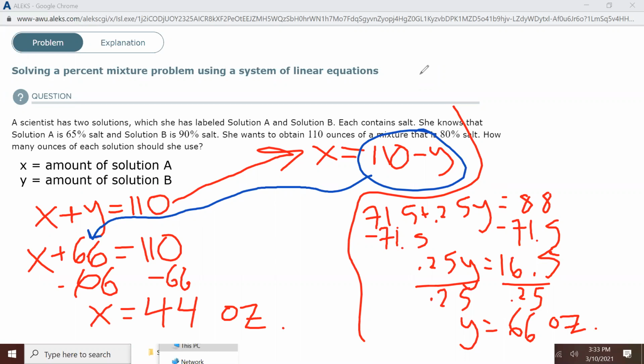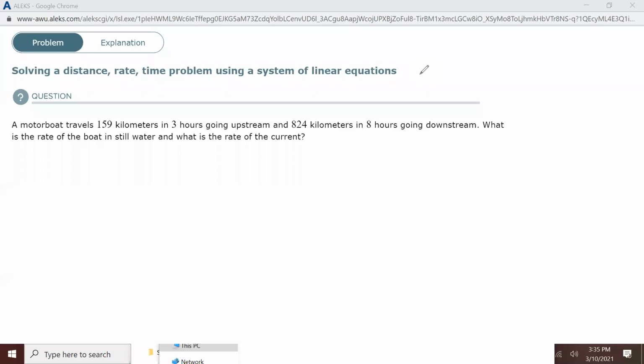And that's how we do it. Since this problem involves distance, rate, and time, that means that we will use the d = rt equation. But first, we must define our variables.